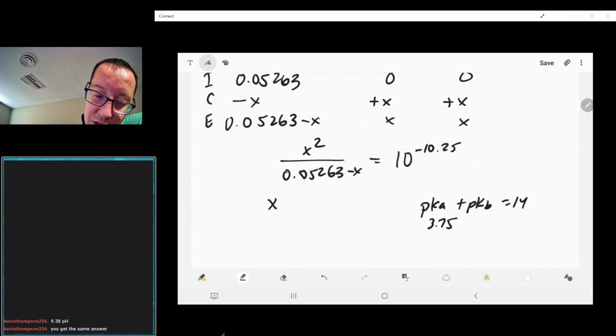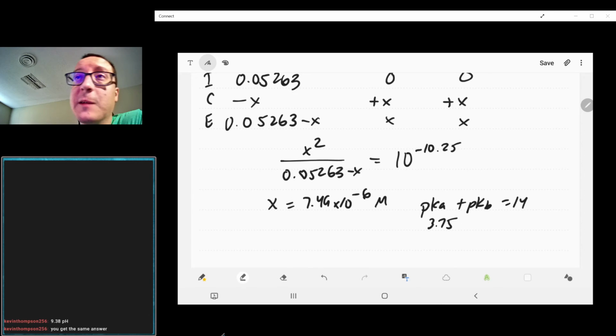So we can make our assumption. If we do this, x is going to be equal to the square root of the concentration times 10 to the negative 10.25. It's going to be such a small concentration, so 7.49 times 10 to the negative 6, I think. Molar. That's going to be our hydroxide concentration. So our pOH will be negative log of that.